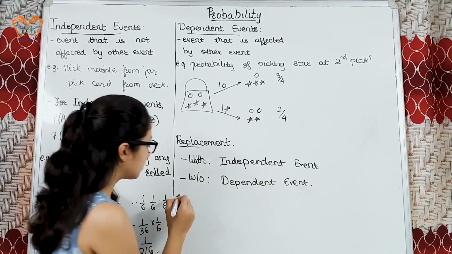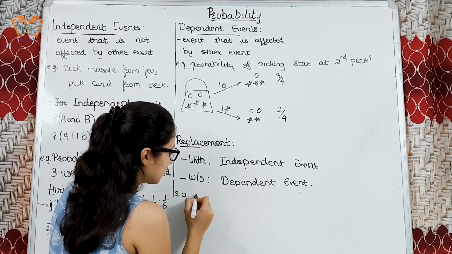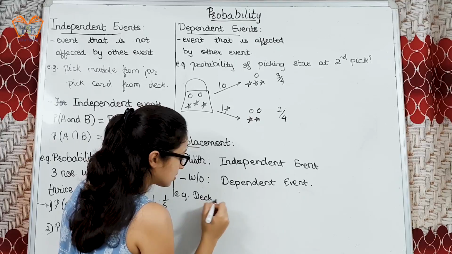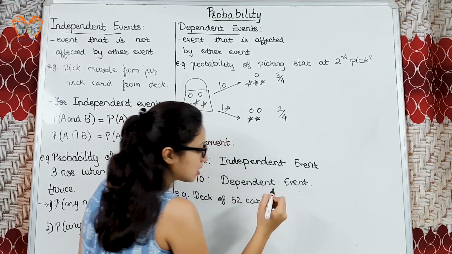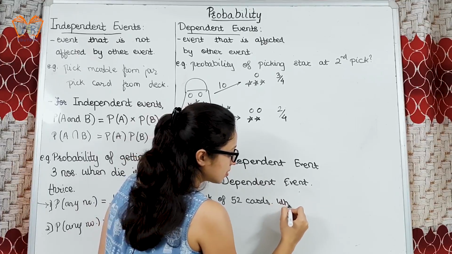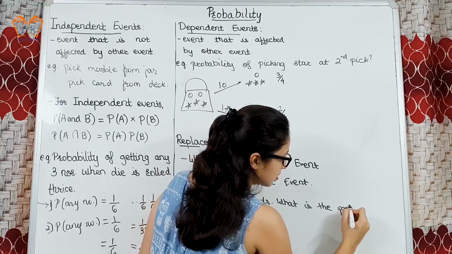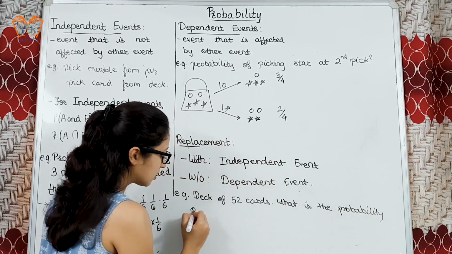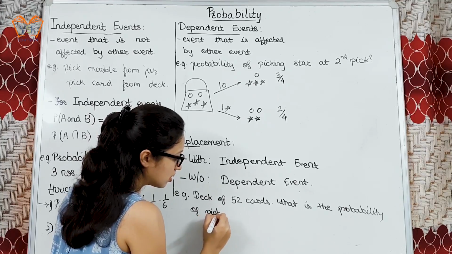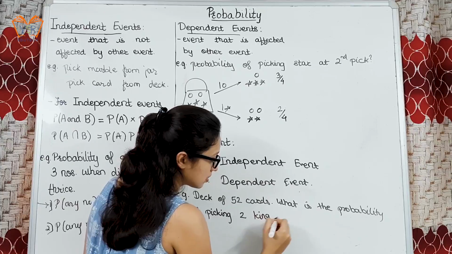We'll see one more example for clarification. Suppose we have a deck of 52 cards. What is the probability of picking two king cards?